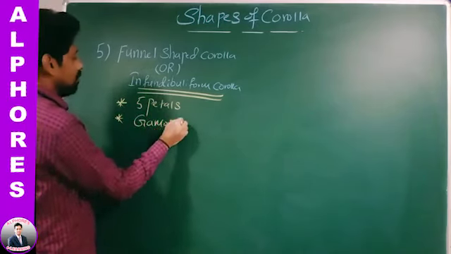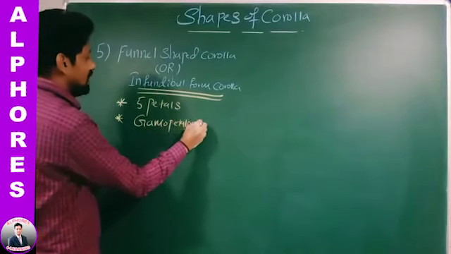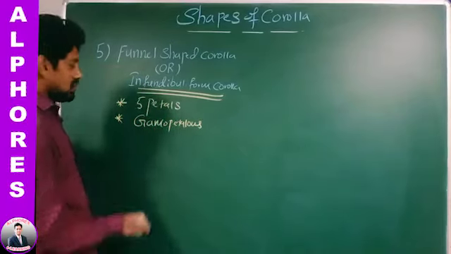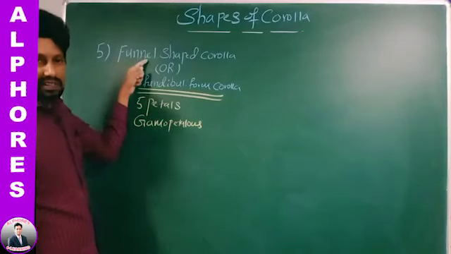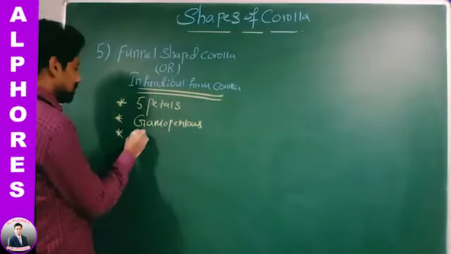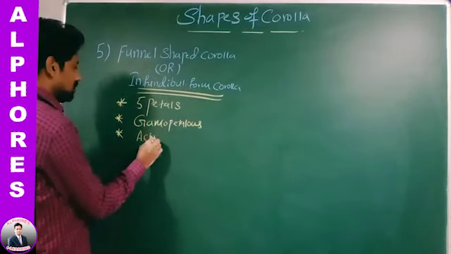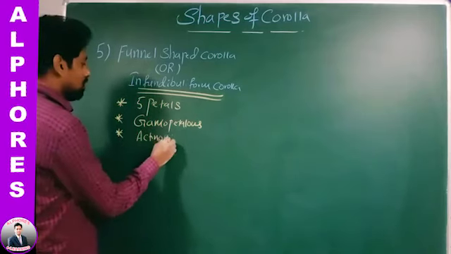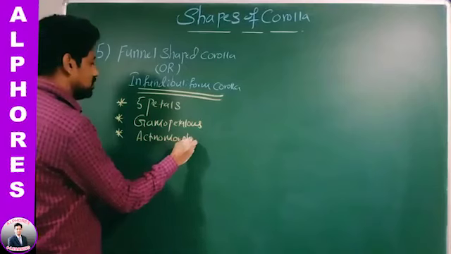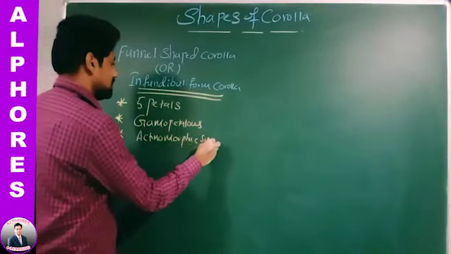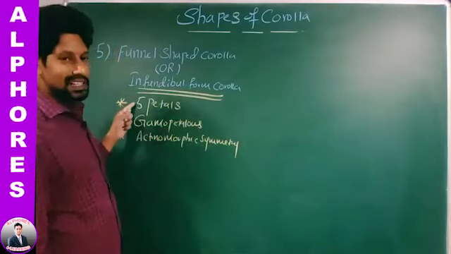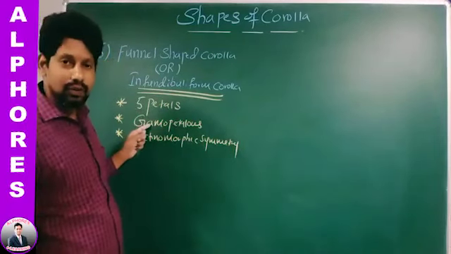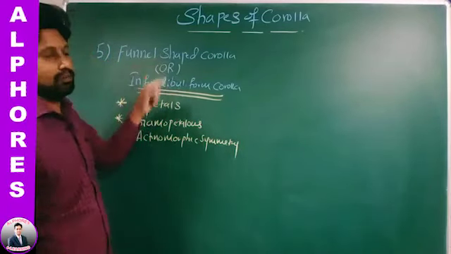Gamopetalous. This corolla is present in a flower which shows actinomorphic symmetry. There are 5 petals, and they are fused to form a funnel-shaped corolla.